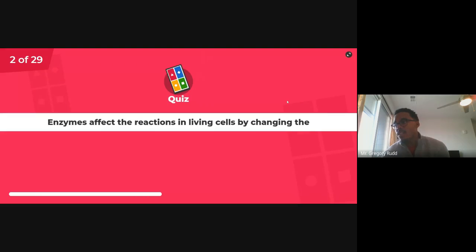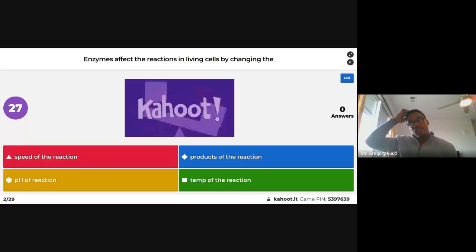Enzymes affect the reactions in living cells by changing the what? How do they affect the reactions? What do enzymes do?